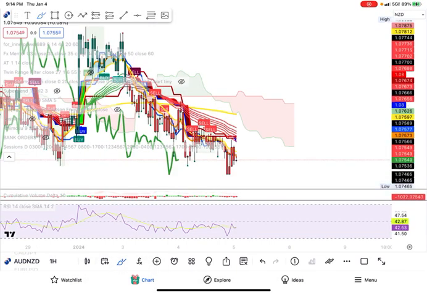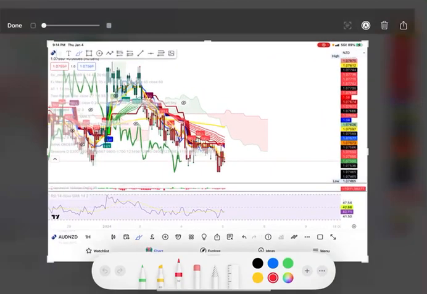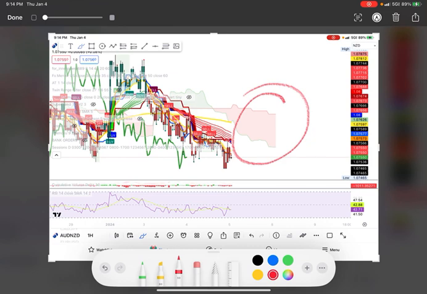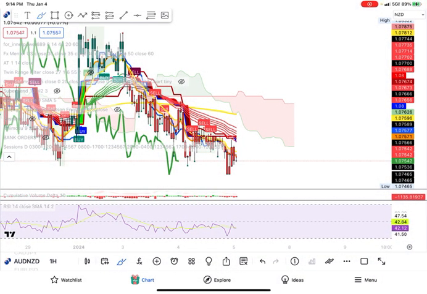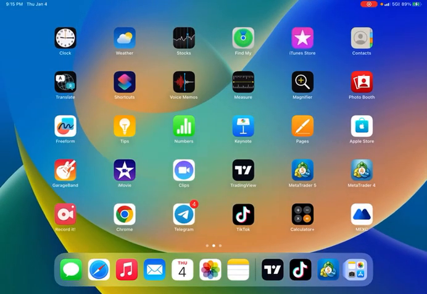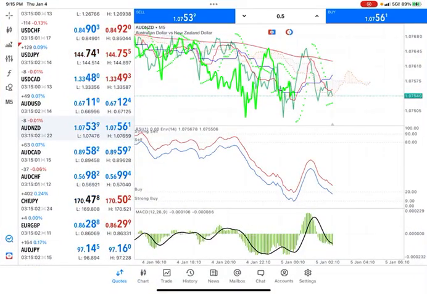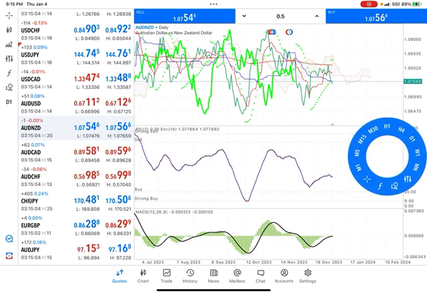Yeah, you can see the red Ichimoku cloud. And then you can see the candlesticks. The red candlesticks are below this Ichimoku cloud. So, yeah, AUD NZD, I think this would be good to place sells, especially since all time frames are trending down.